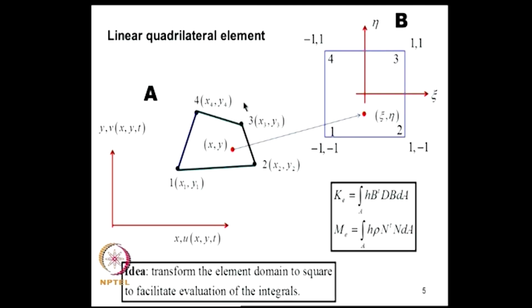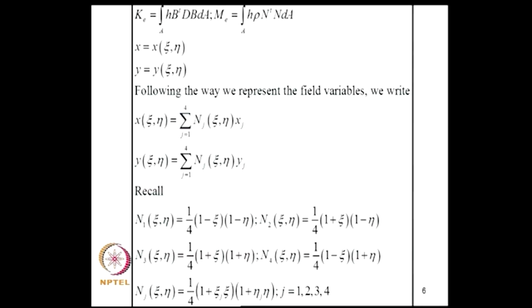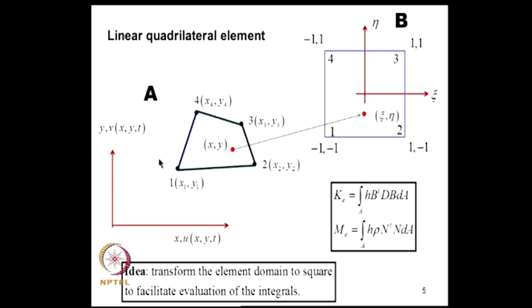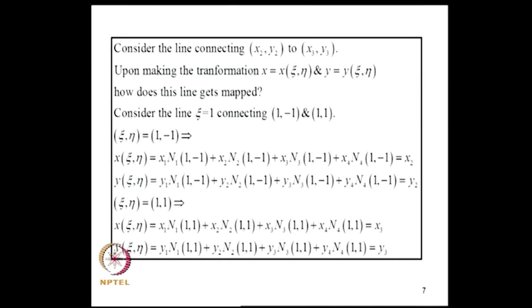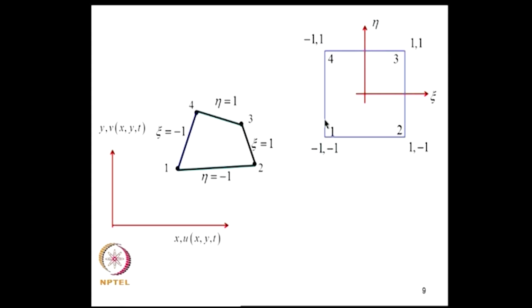Or alternatively we can ask, if this is the transformation we are using, what happens to this line 2, 3 in this configuration? Whichever way you look at it, we will find the answer to the required question. Now, let us therefore consider the line xi equal to 1 connecting 1 comma minus 1 and 1 comma 1, that means xi equal to 1, this line.